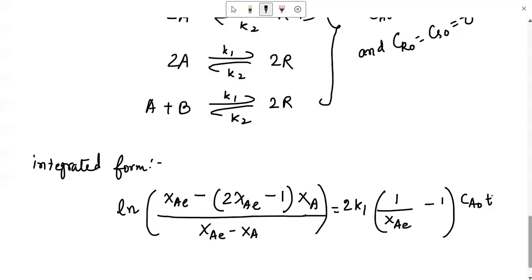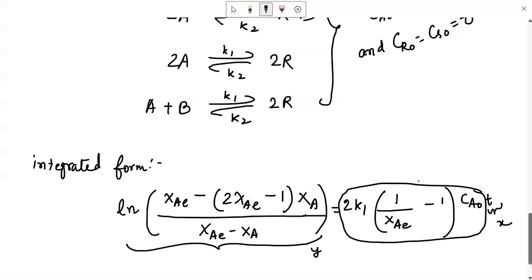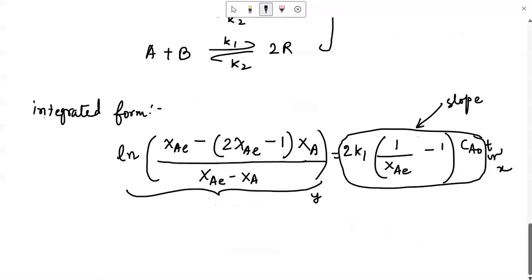Now if you want to make a plot, obviously this is your y term, so this will be on the y-axis. You have t on the x-axis, and this becomes your slope. So this again is fairly simple for testing the experimental data.